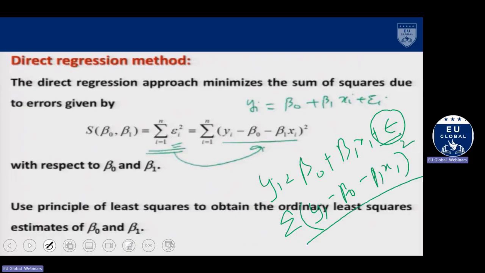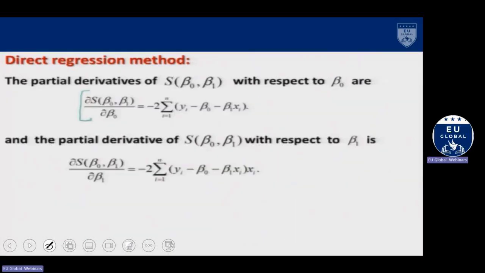We have to make sure that this is the minimum. So we have to use the principle of least square to obtain the ordinary least square estimate of beta naught and beta 1. Here we are going to take the partial derivative with respect to beta naught and beta 1 in order to find out these values.